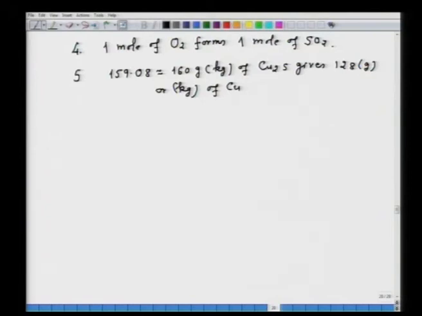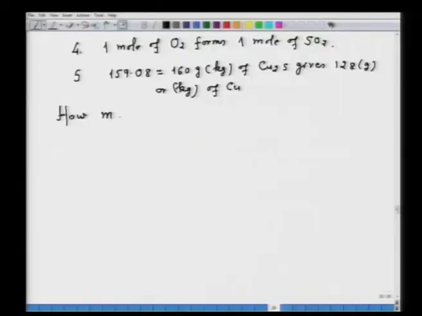Now, let me illustrate it by giving a suitable example. You see how easy it becomes to write a balanced chemical equation and to proceed with the calculation, because from the balanced chemical equation you can derive so much information.